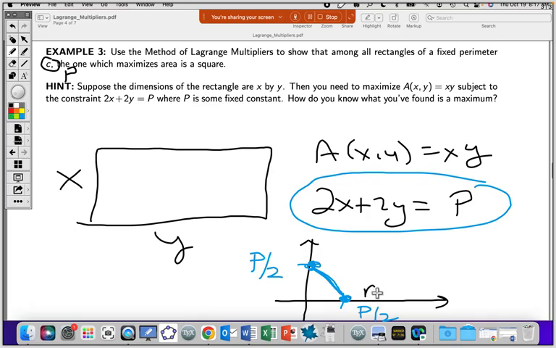The area at those points would be what then? It would just be 0. So clearly those would be the minimum things. So there should be some maximum somewhere in between. Okay? And the Lagrange multiplier system that comes out of this is pretty immediate.